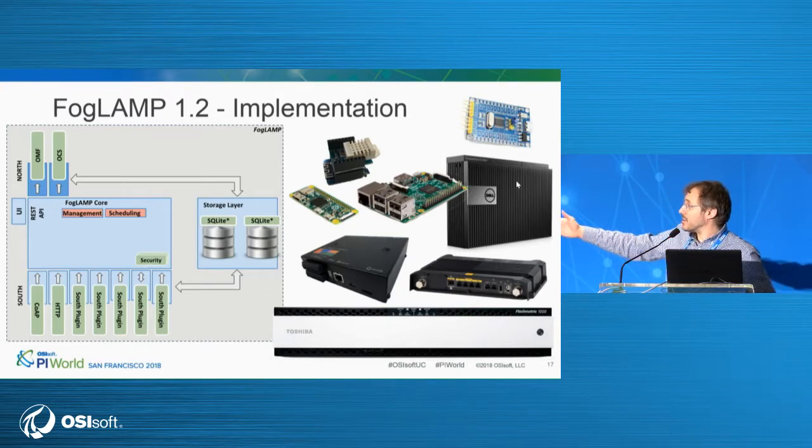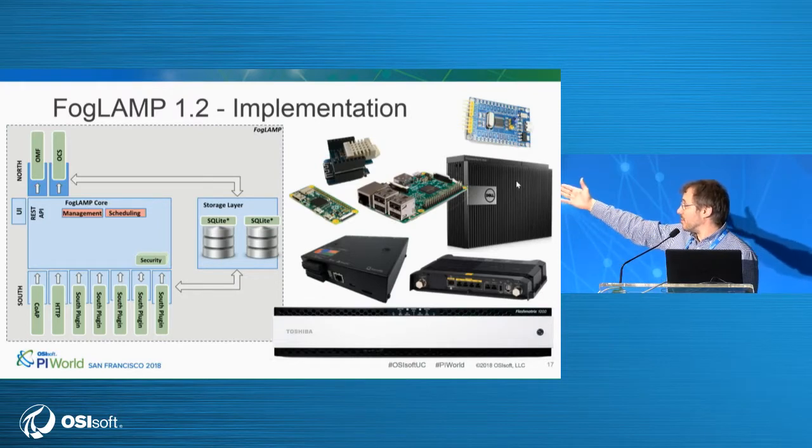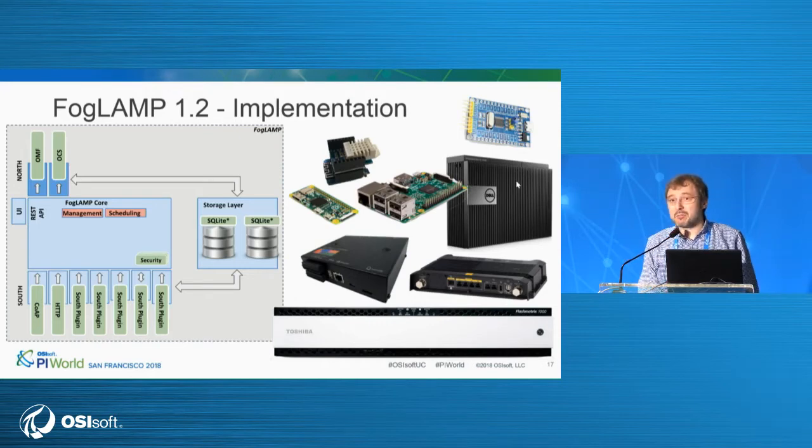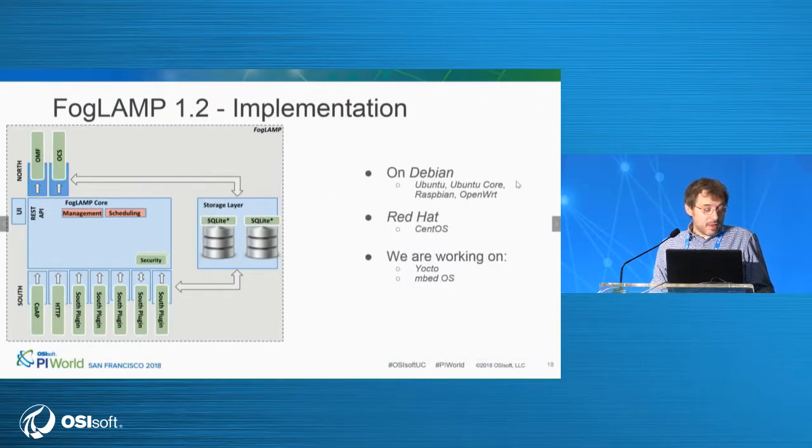Or you can see us on smart gateways, smart switches, or just industrial-grade PCs, or on small Raspberry Pis you may want to use just for development, or sometimes even for deployment. In terms of implementation, I already mentioned Ubuntu or Raspbian.